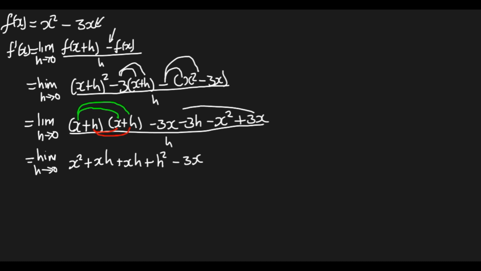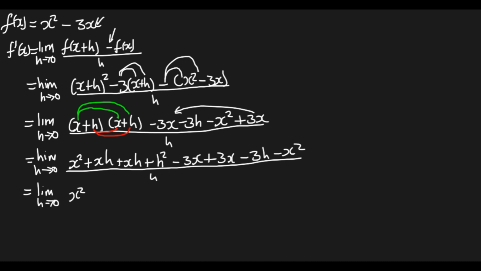So this we can bring here, plus 3x minus 3h minus x squared, over h. From the first part, we have like terms that we can add. So xh plus xh is equal to 2xh, plus h squared minus 3x. So this will cancel, and this will cancel.